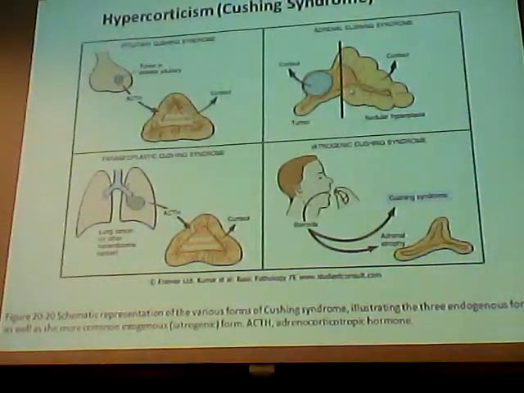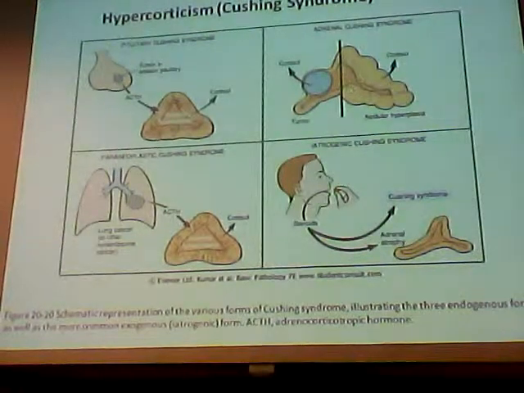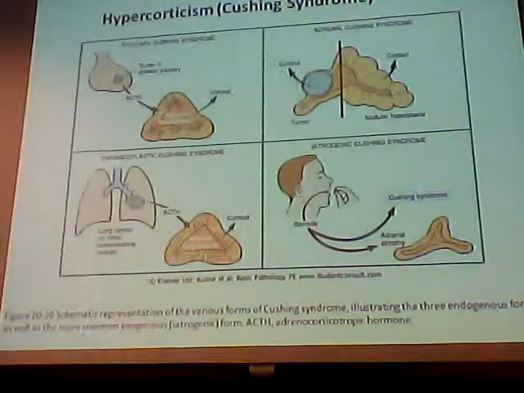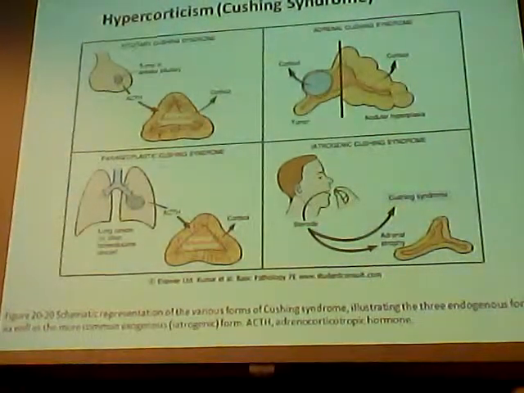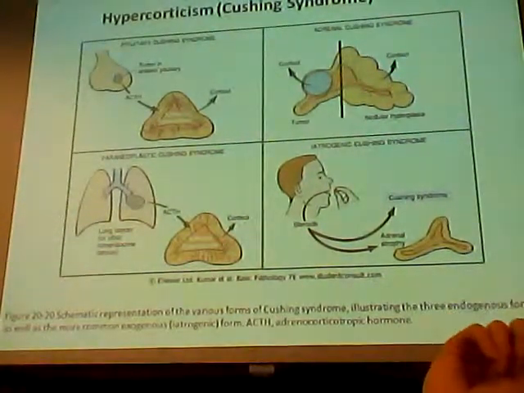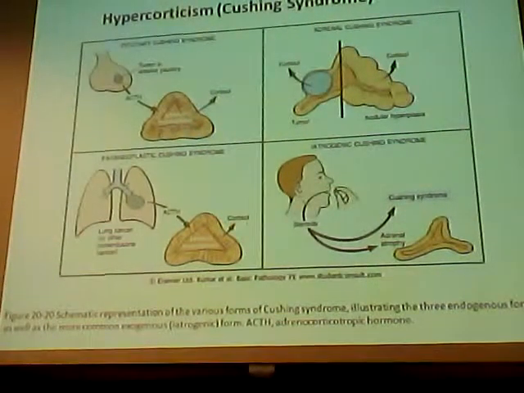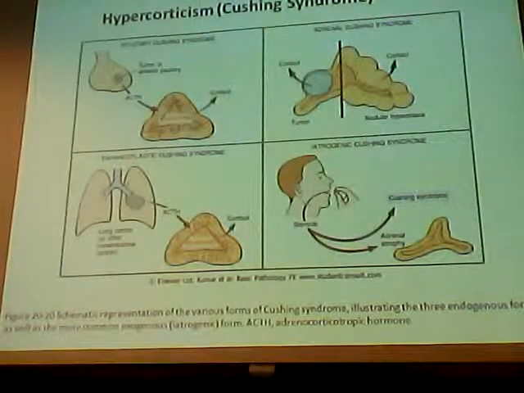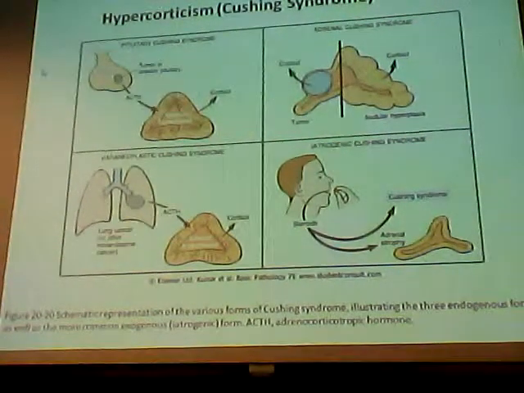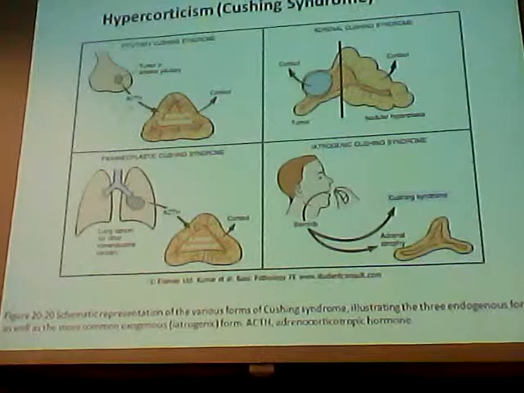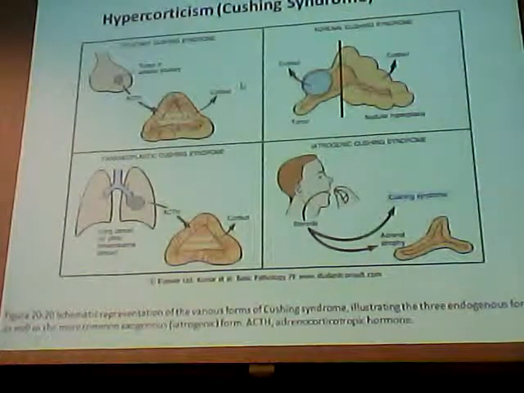Whereas if the tumor is in the adrenal cortex itself, then you will have the feedback, you'll tell the anterior pituitary to stop, so you don't have much ACTH, but you have a lot of cortisol no matter what. So the first case is a lot of ACTH, a lot of cortisol.